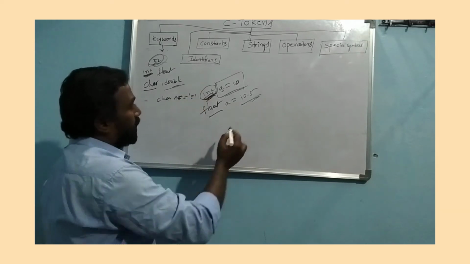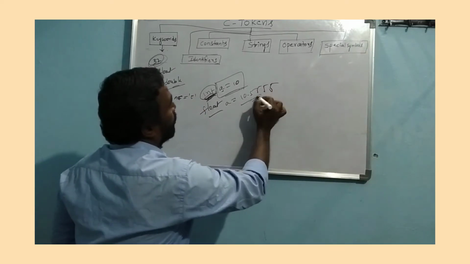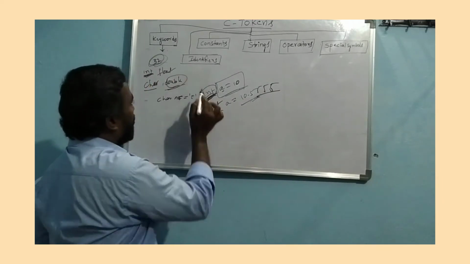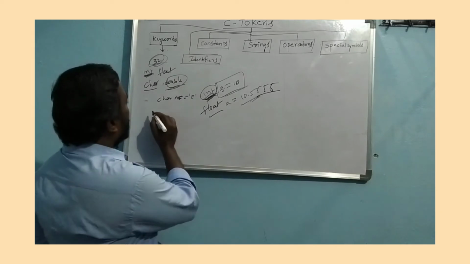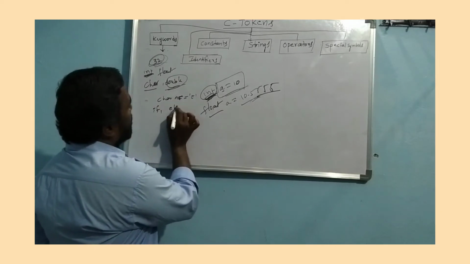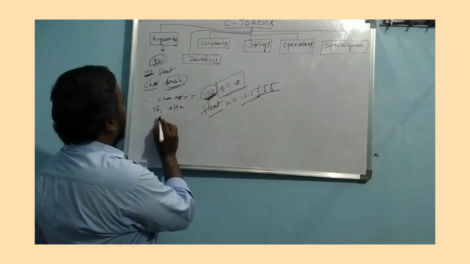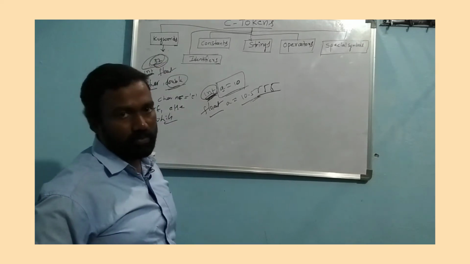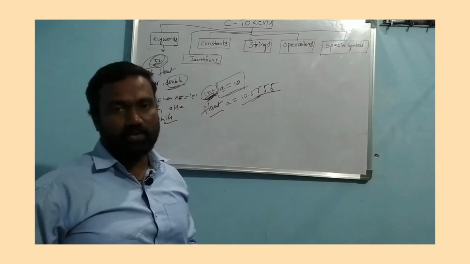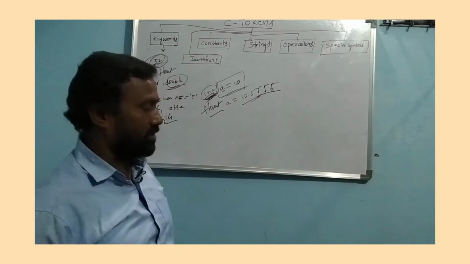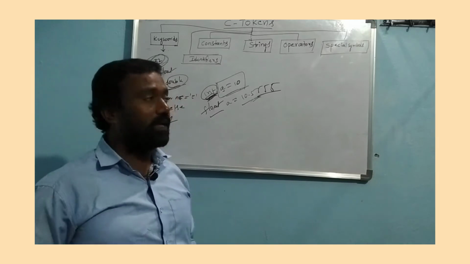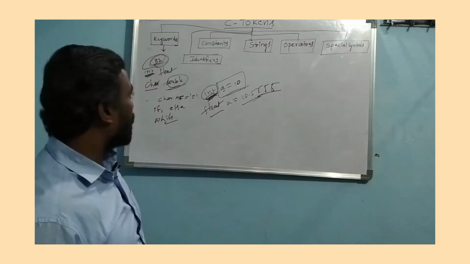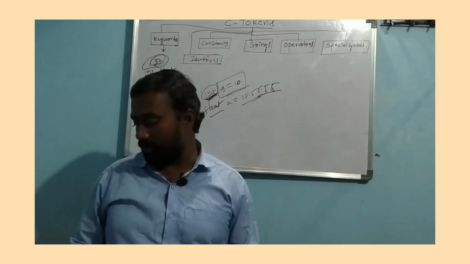Double means a big number in floating point; in this situation we use the double keyword. And some more keywords: if, else, and while. There are totally 32 keywords in C programming language. Depending on the situation, we use these keywords. If you want any information about these keywords, you can look at the 32 keywords available in the C programming language.